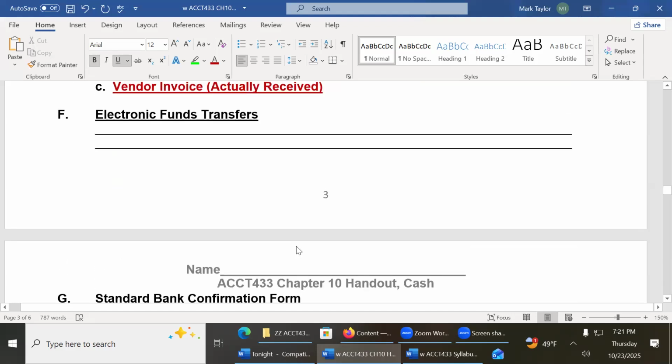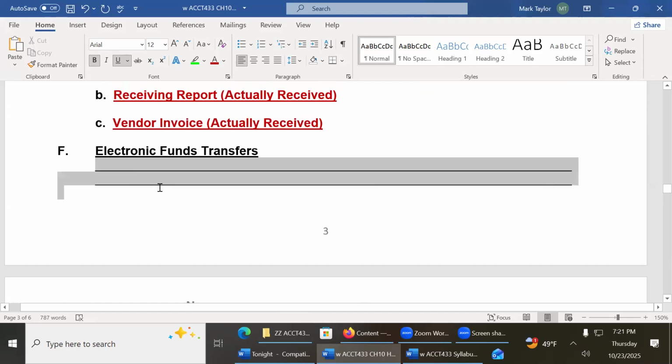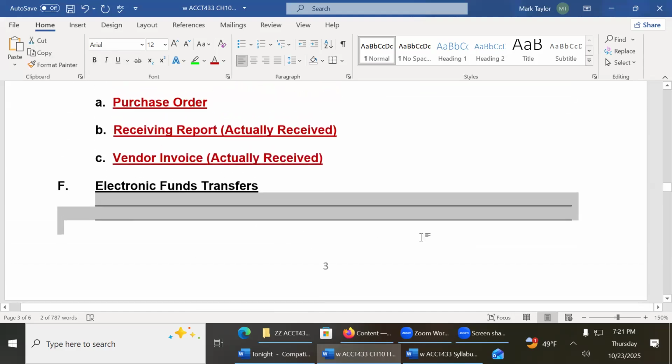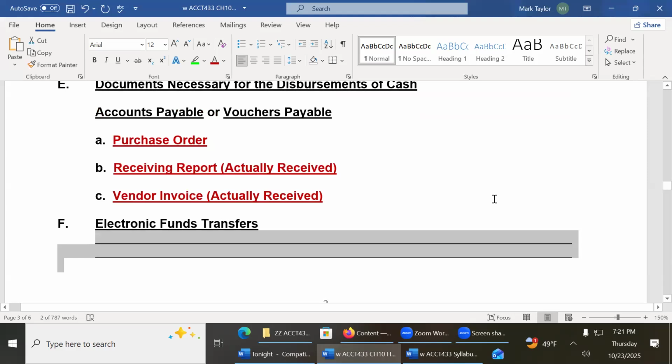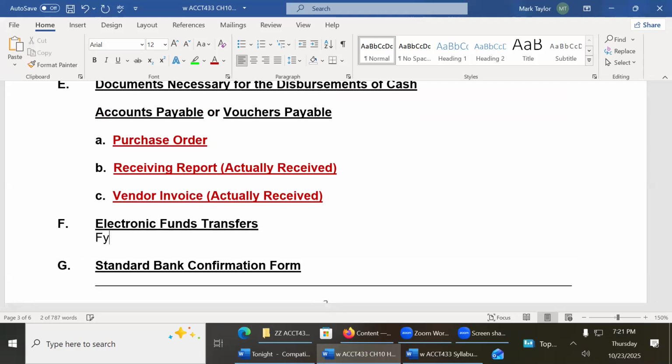Electronic funds transfer, everyone knows what this is nowadays. It used to be... everyone does Zelle now, so I don't know if we need to put this on here anymore.